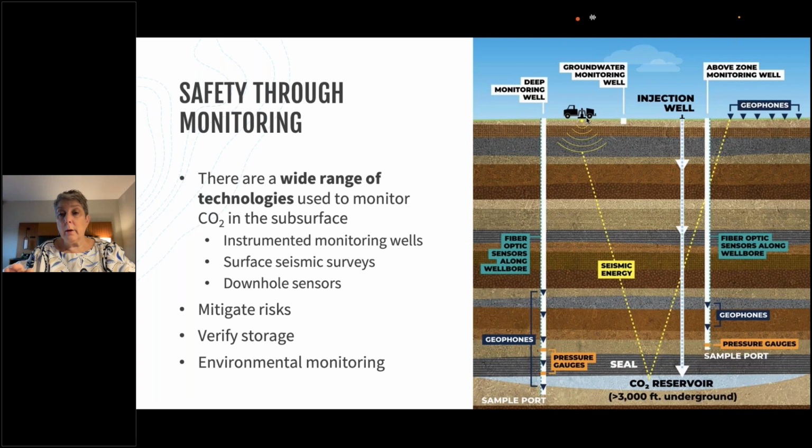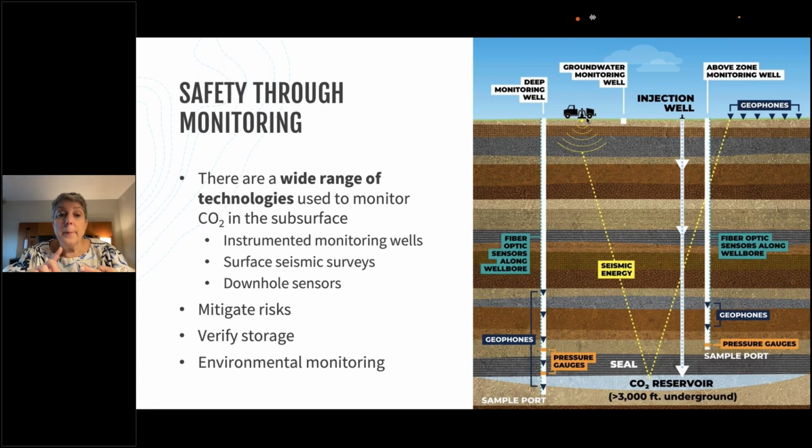That allows us to understand the rock type, whether or not you have any faults or fractures, and allows us also over time to take a 3-dimensional or 4-dimensional picture, sort of like a sonogram of the subsurface, which allows us to track where the carbon dioxide is.